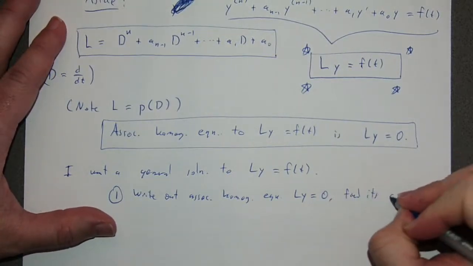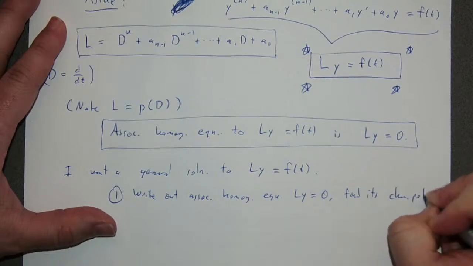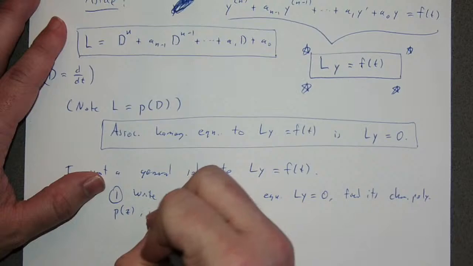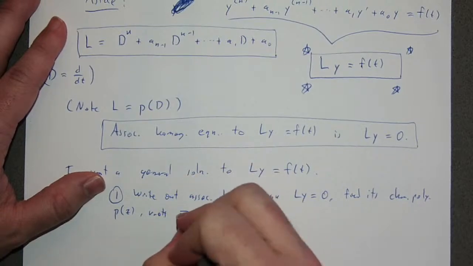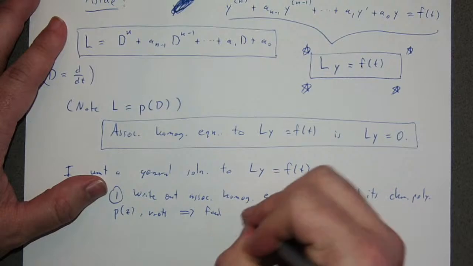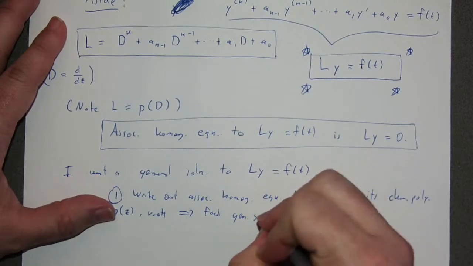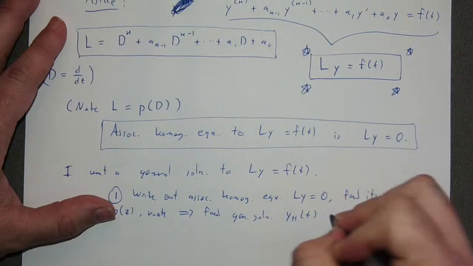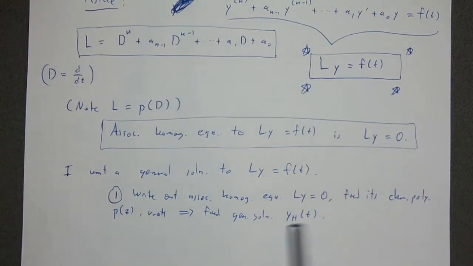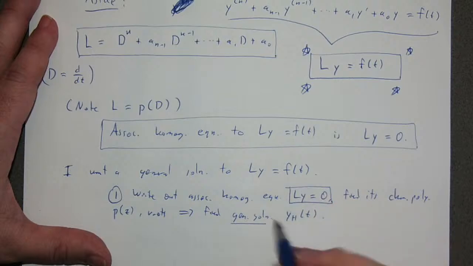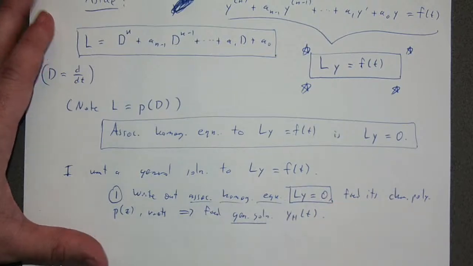Find its characteristic polynomial, p of z, roots, which leads to finding the general solution, y sub h of t. Now, this is a general solution to the associated homogeneous equation.